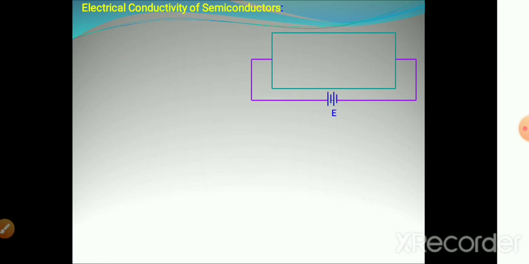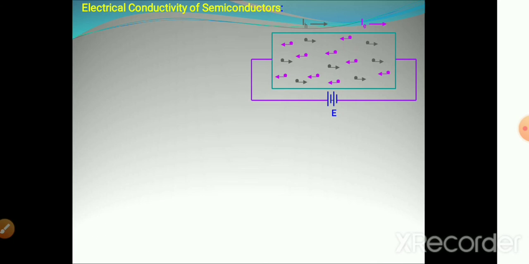So let's talk about the electrical conductivity of semiconductors, or how a semiconductor behaves in an electric field. When a semiconductor is placed in an electric field, the electrons will move opposite to the direction of the electric field, and holes, being positively charged, will move along the direction of the electric field.